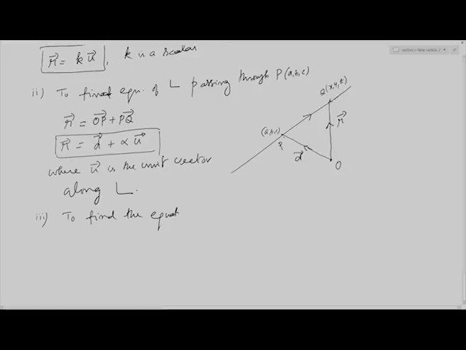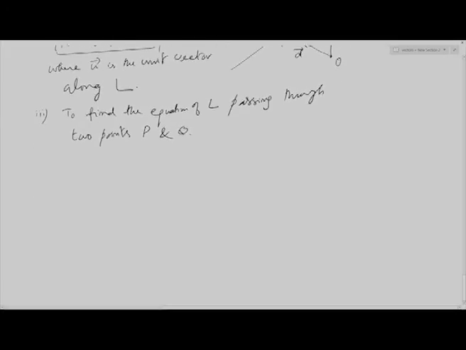To find the equation of L passing through two given points P and Q, let me draw the straight line. This is P, this is Q, and assume that this is the origin, therefore OP is there. OP let me call a, and OQ is b.